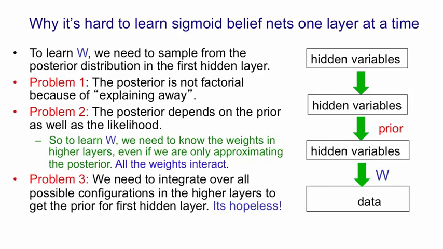That is, we need to consider all possible patterns of activity in these higher layers and combine them all to compute the prior that the higher layers create for the first hidden layer. Computing that prior is a very complicated thing. So these 3 problems suggest that it's going to be extremely difficult to learn those weights W. And in particular, we're not going to be able to learn them without doing a lot of work in the higher layers to compute the prior.